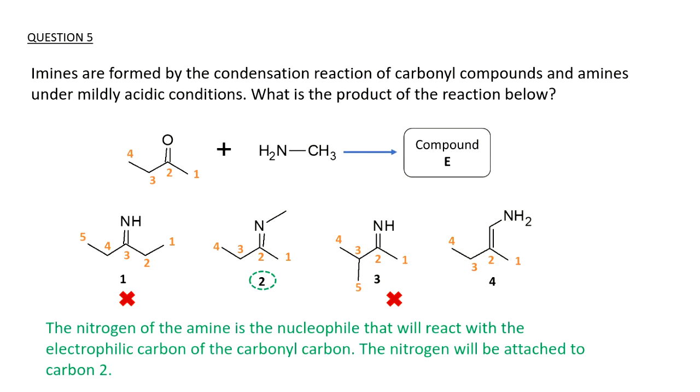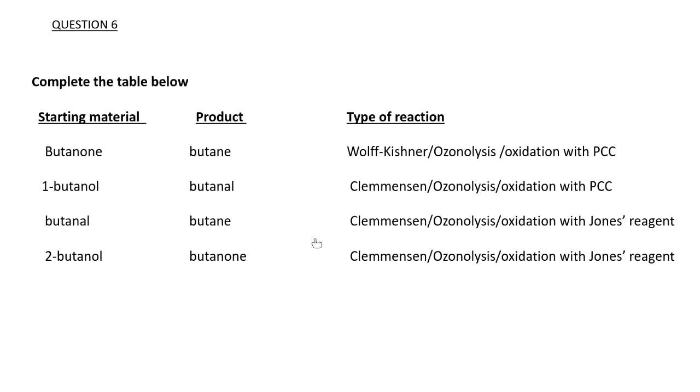Okay. Question 6. You're given a table. Yes, Schiff base. Great. Yes, Tia, it's a Schiff base. Question 6, you're given a table. So you're given a list of starting materials and the product, and you're to indicate which reaction is going to give us the product from the starting material.